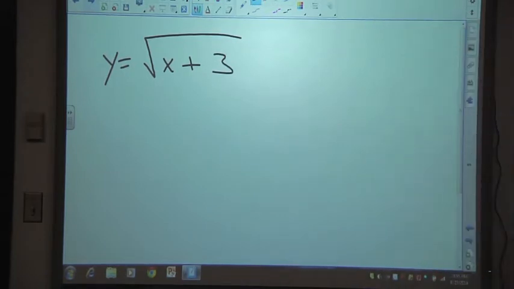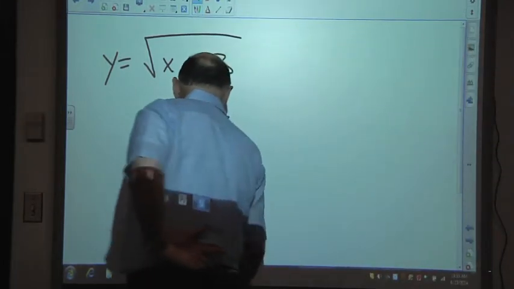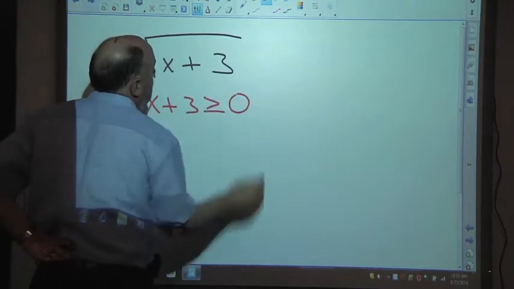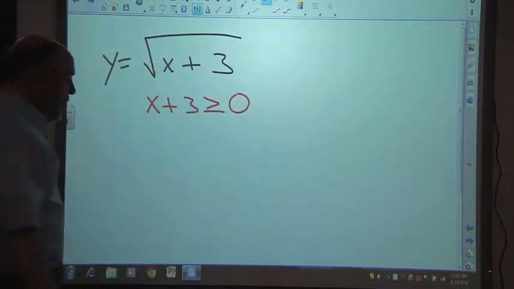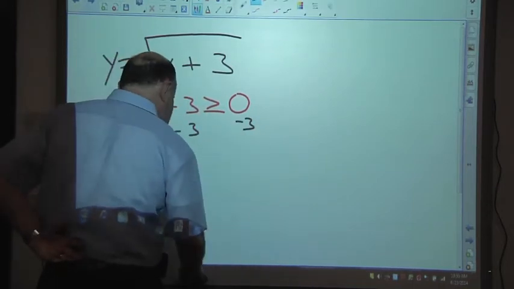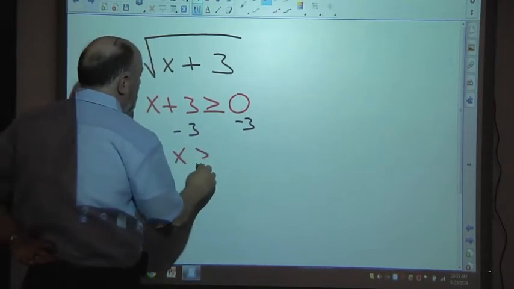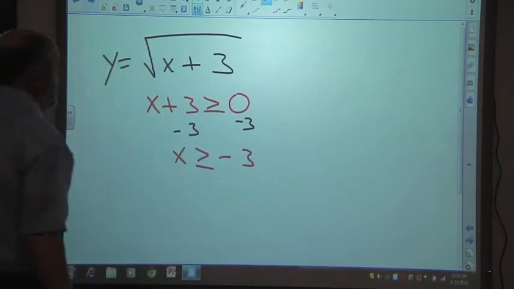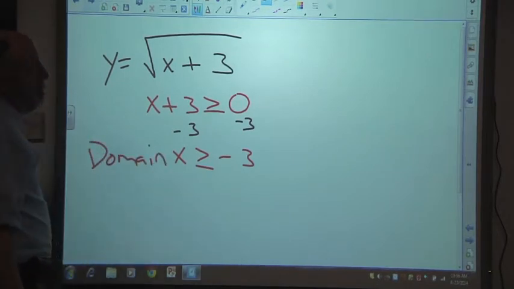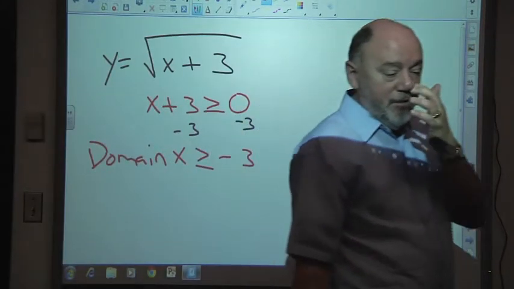Well, square root has its own special quality in that you cannot take the square root of negative numbers, which means this will only be true when x plus 3 is greater than or equal to 0. If I solve this for x, you subtract 3 from both sides. So my domain is that x has to be greater than or equal to -3 for this to work.